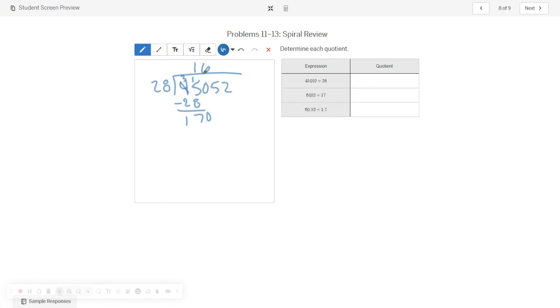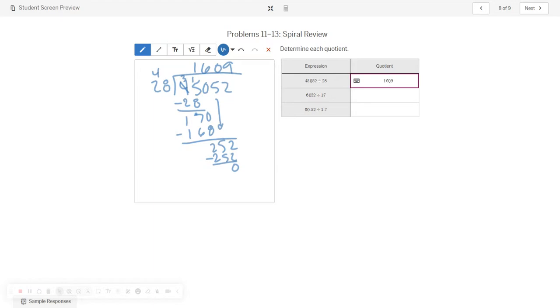A 6 times would be 48. 4, 12, 16. That's a 2, bring down the 5. Can't go in there, bring down the 2. That's 9, which is 252. So 1609.